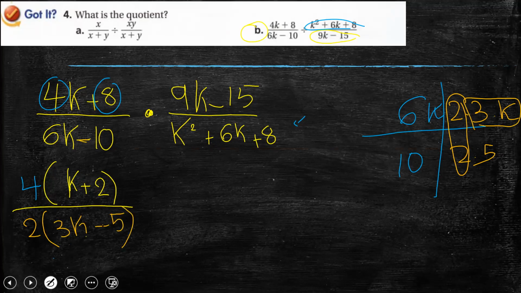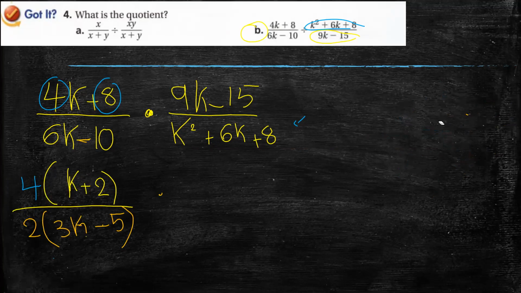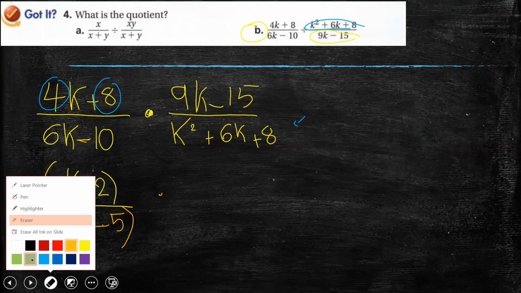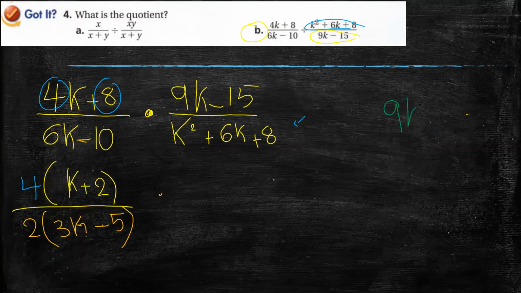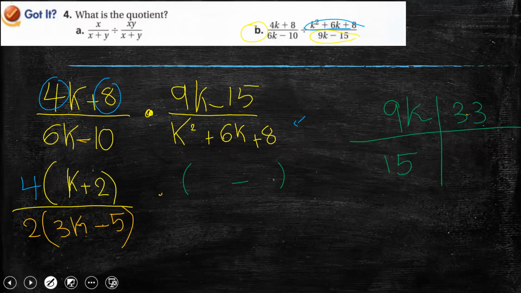Then 9k minus 15. It will be 3 brackets 3k minus 5. We have to put 9k here and 15 here. In 9k, we have 3 times 3k, and in 15 we have 3 times 5.